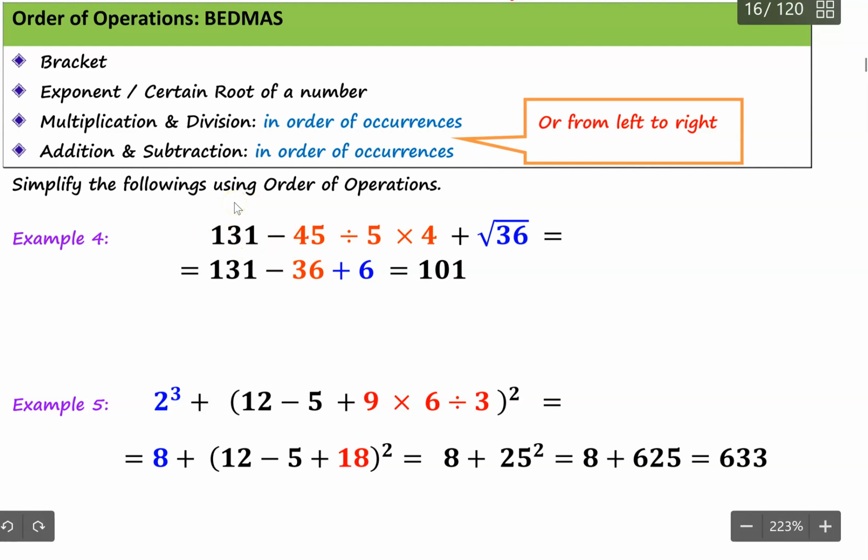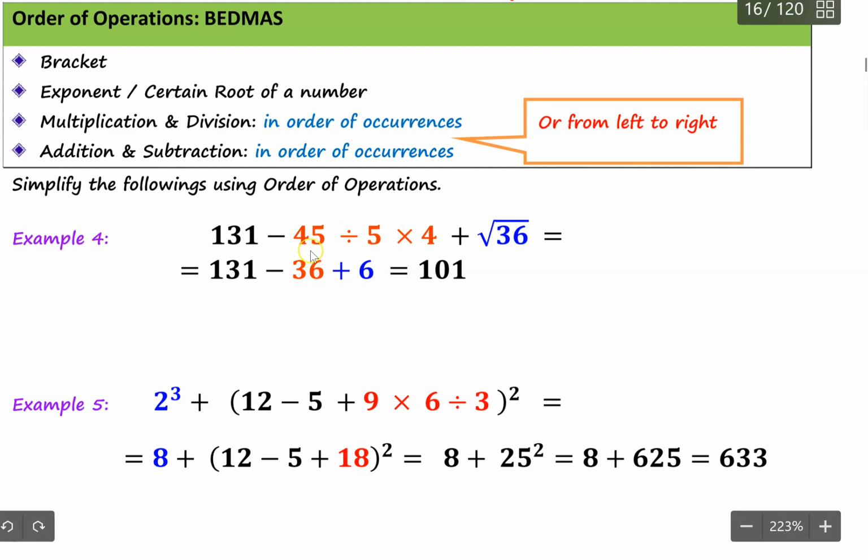The very first operation that you need to take a look at is the division. But right next to that is the multiplication. If you have division and multiplication right next to each other, then you have to perform the operation in order of occurrence. So I would like everyone to take the calculator, take 45 divided by 5, multiply by 4, and it will give you 36.